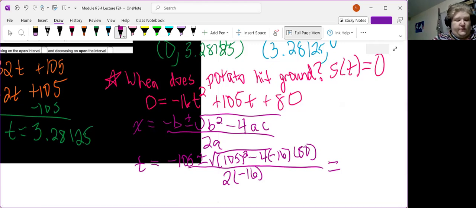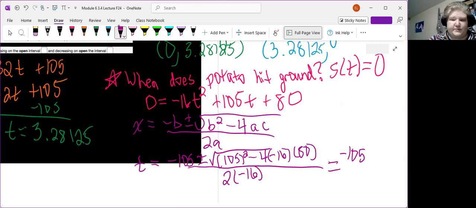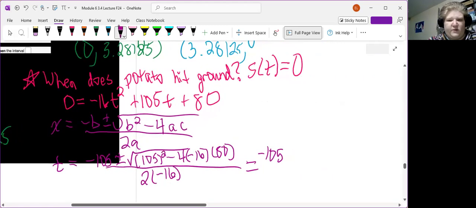So 105 squared minus 4 times negative 16 times 80. So we get 16,145. I'm going to go ahead and square root that. So we have negative 105 plus or minus 127.062, and so on, all over negative 32.